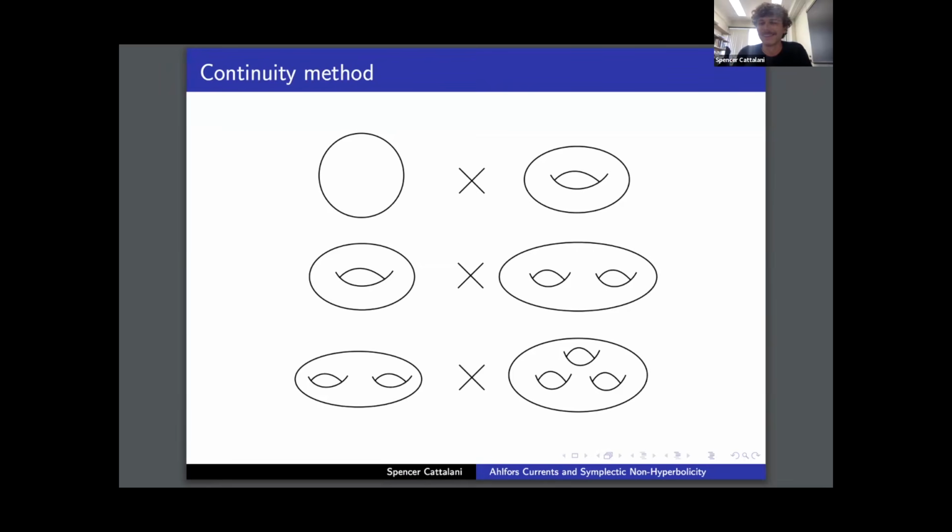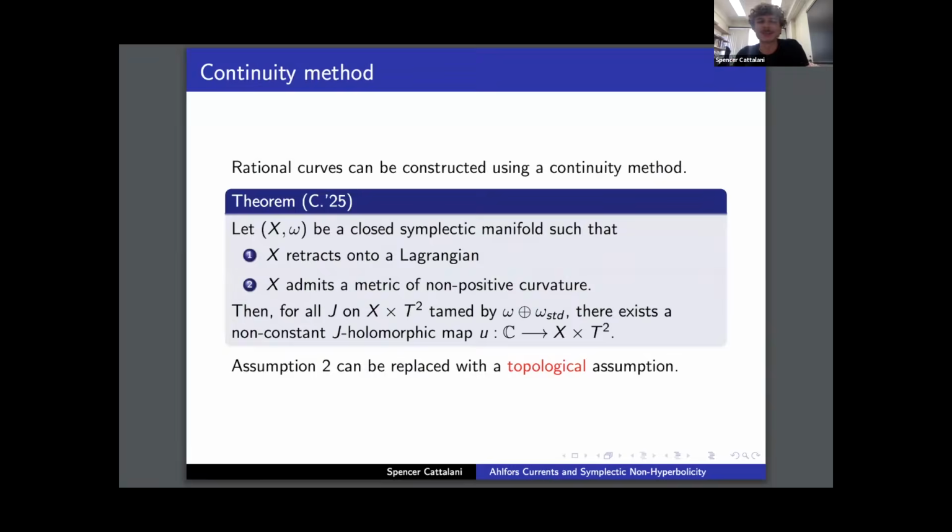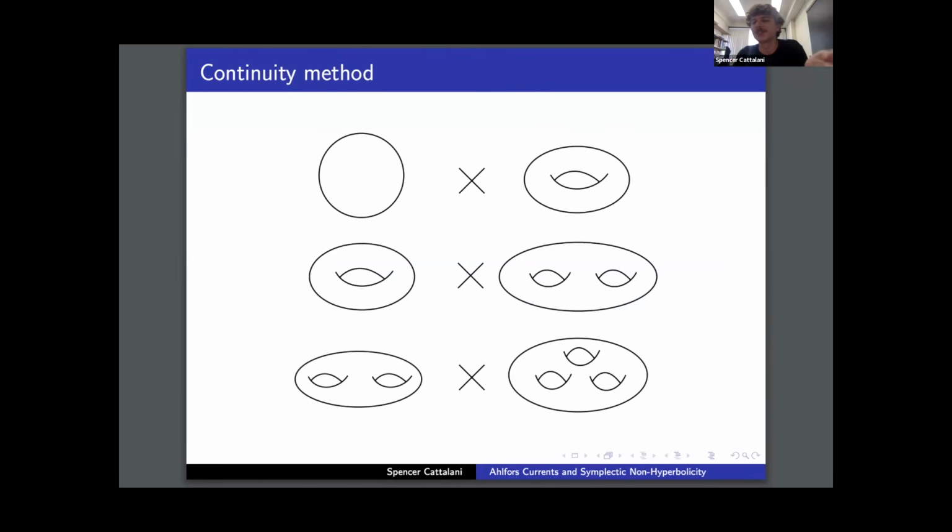And then because there are no rational curves, the total manifold has non-positive curvature. And because every Riemann surface retracts onto a Lagrangian, so does the product. So this satisfies the assumptions of this theorem, and in particular, every J contains a complex line. The remaining case is when every surface has genus at least 2.